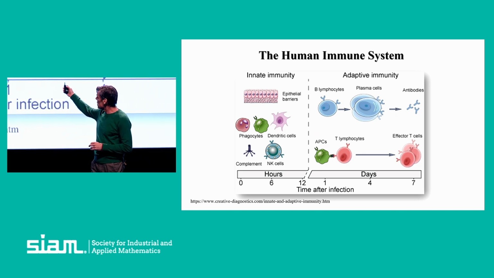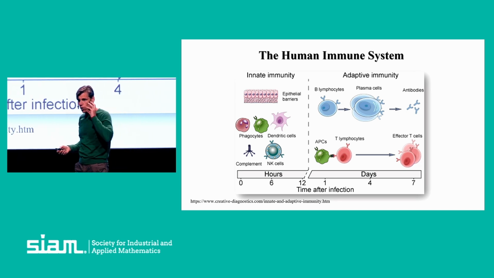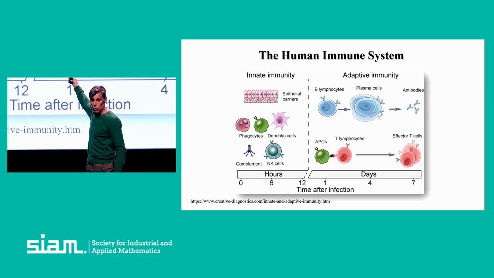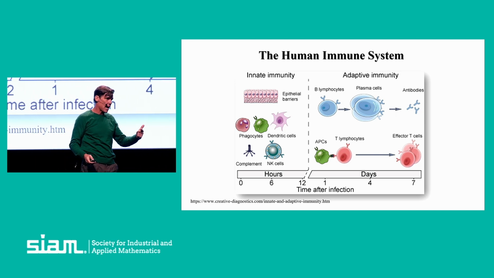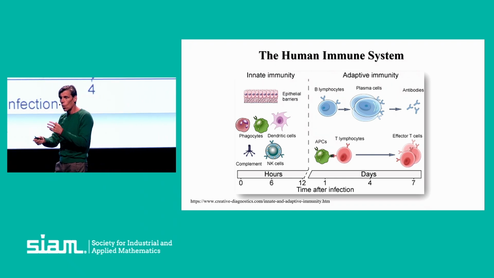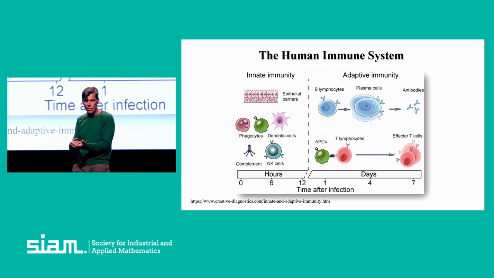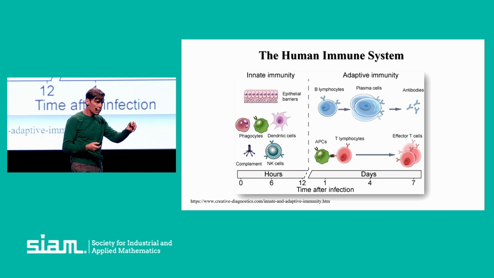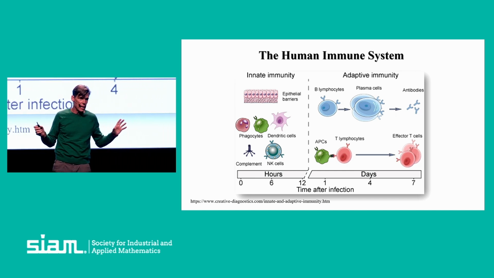They are looking for these intruders, viruses or bacteria that could come, and the first responders is the innate immune system. So neutrophils and macrophages and dendritic cells that immediately come, minutes or just an hour after an infection. They are there to engulf and maybe eradicate the infection.